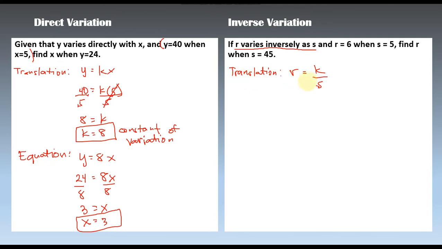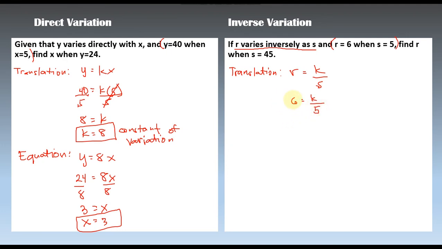Next is to solve for the constant of variation. So look for the pair of values given in our statement, which is R equals 6 when S is equal to 5. Again, substitute the values. R becomes 6 equals K over S, and S is 5.